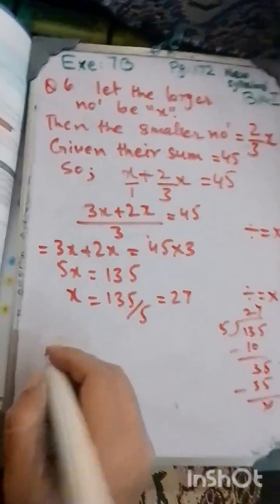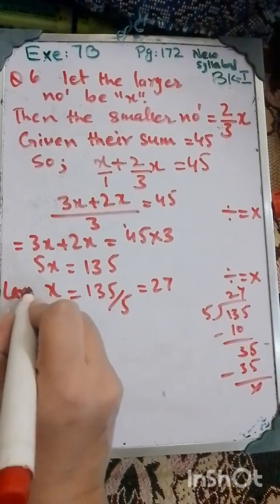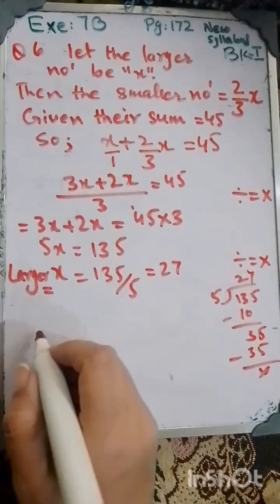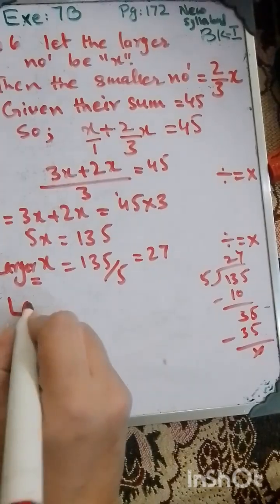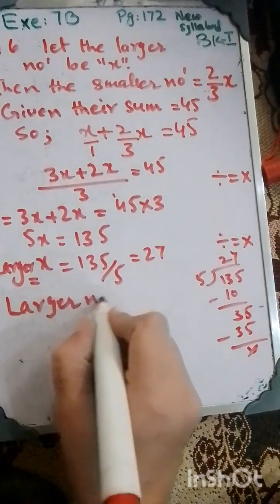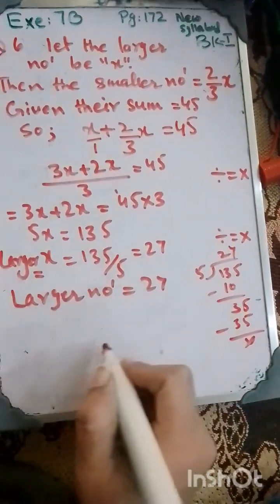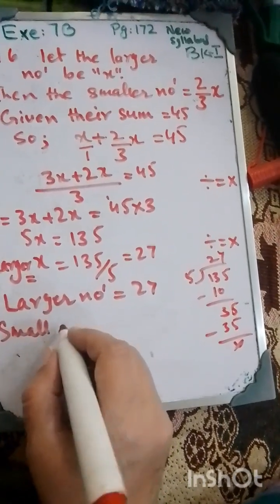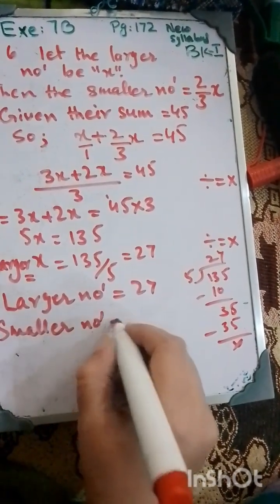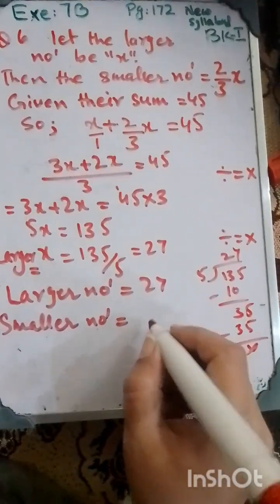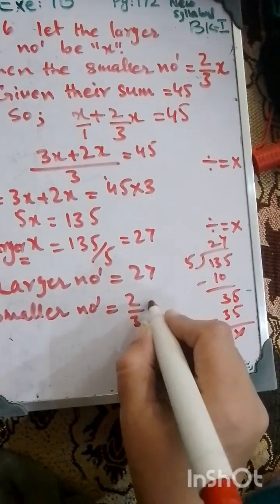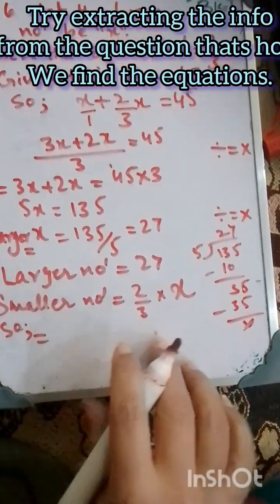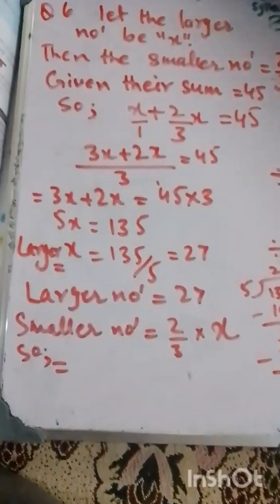Now the smaller number we have to find out. We'll write 2/3 into x, and 2 upon 3 multiplied by 27.